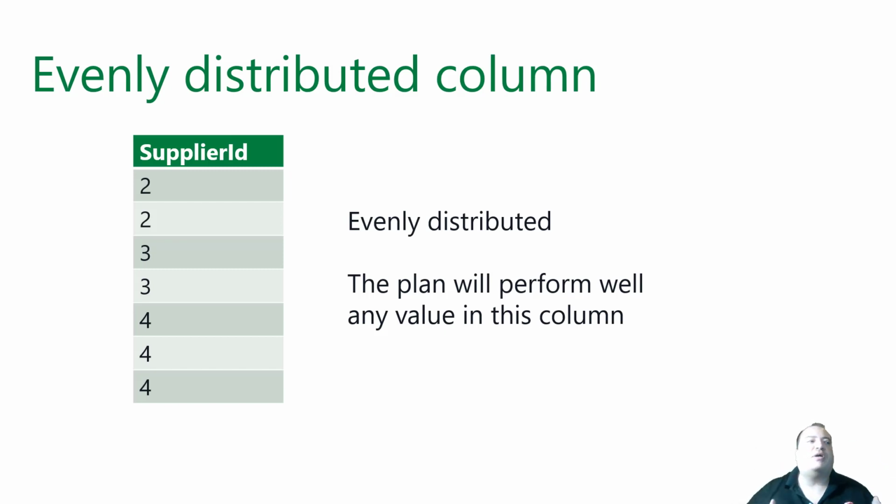If so, this means the values are evenly distributed. It doesn't matter which supplier I try to retrieve; the number of records retrieved will be very similar. In a situation like this, the parameterization works great, and a single plan can support any value that arrives for this query, because the amount of records returned will be the same.